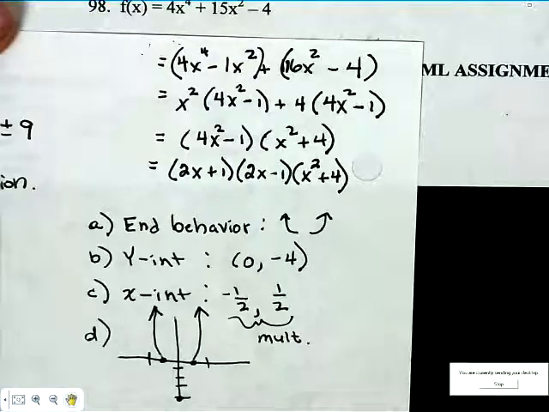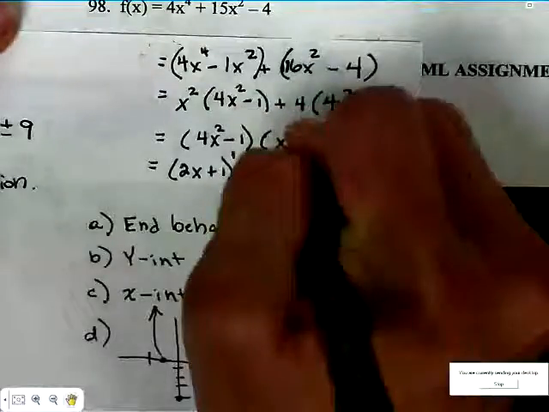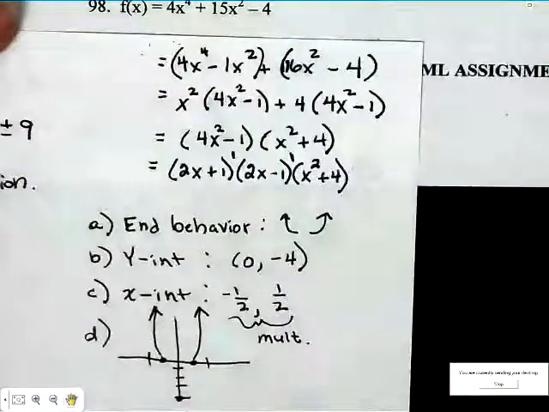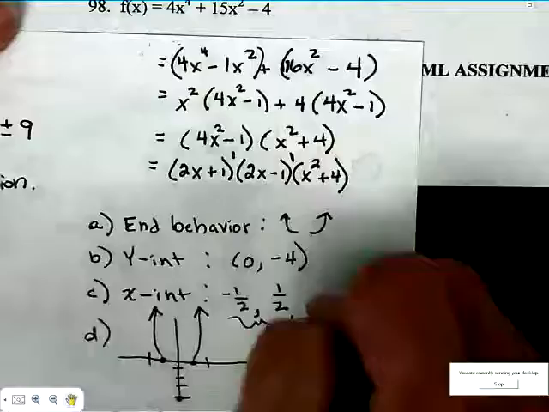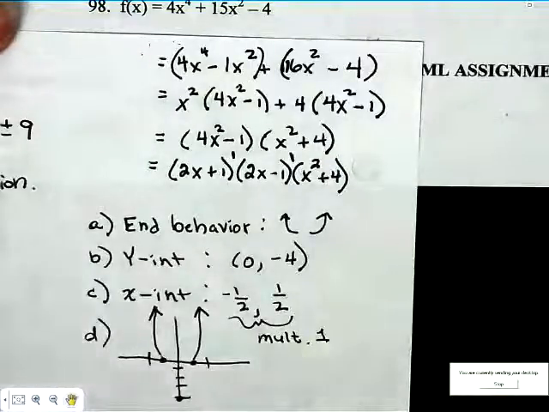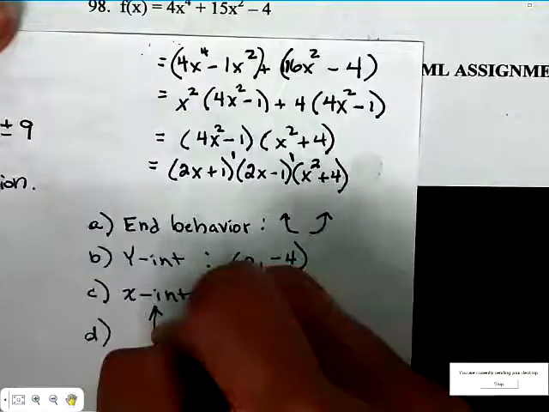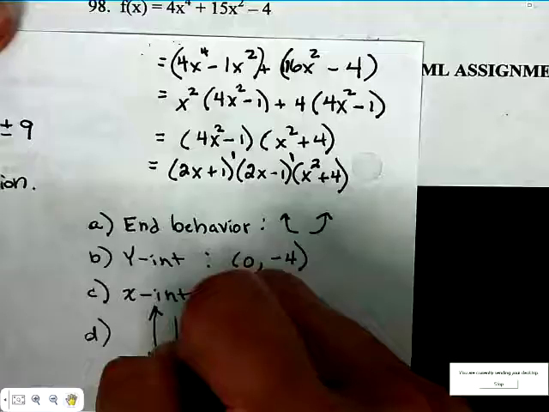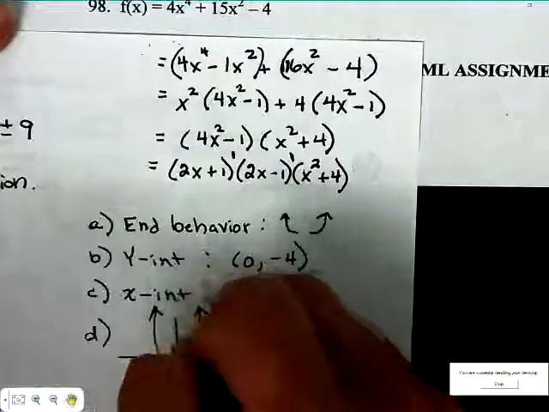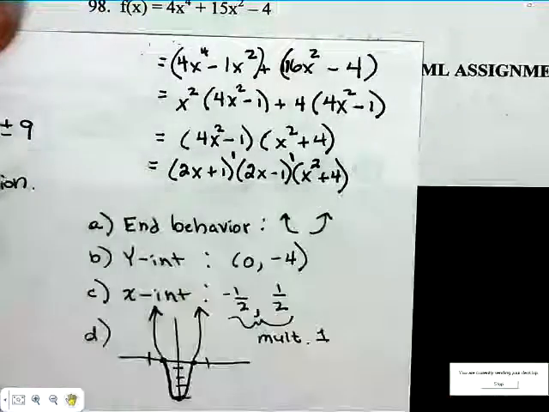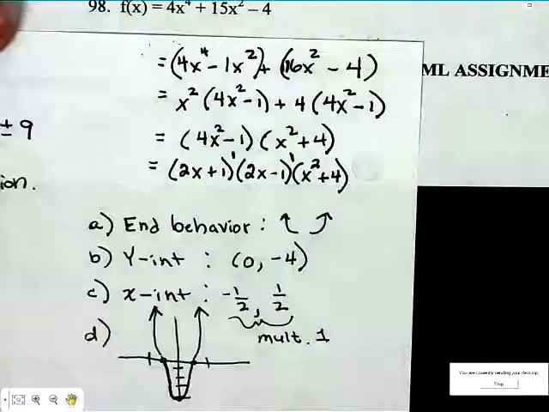It's the exponent of these factors, and it's 1. And the fact that the multiplicity is odd tells you the graph does what at each of those x-intercepts? Crosses, so crosses at negative 1/2, goes down at least to negative 4, comes back up and crosses at positive 1/2. Looks like a parabola.